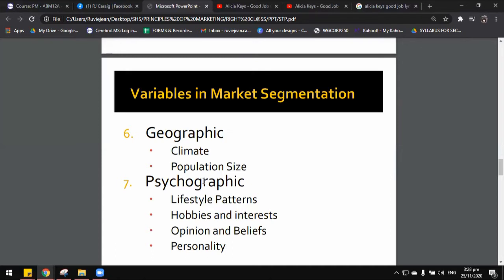The last psychographic factor that marketers take note of in the market segmentation is personality. Specifically, marketers create brand personalities to make consumers realize that buying their brand corresponds to the purchase of a set of traits associated with it. Okay, anong example natin yan?